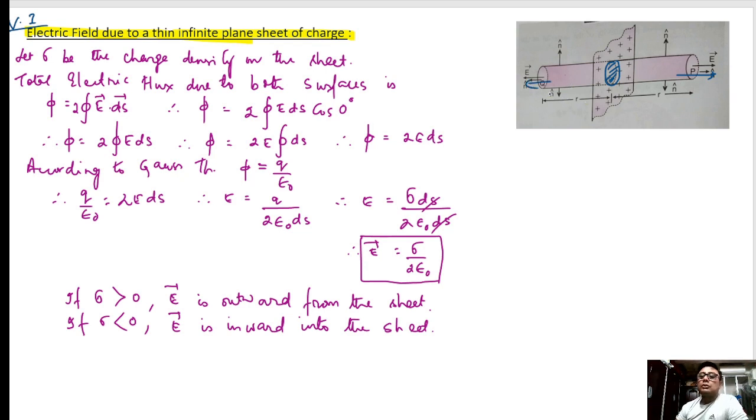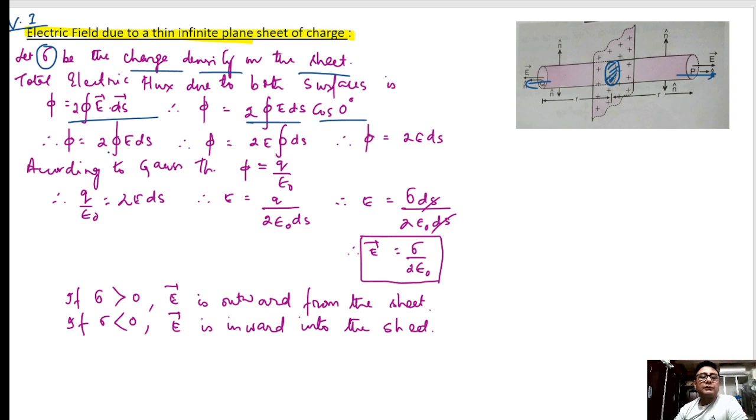Okay. So now let us take sigma to be the charge density on the sheet. Charge density on the sheet is sigma. So what is the flux coming out from both the surfaces? It will be twice the integral of E ds, so 2E ds cos 0.